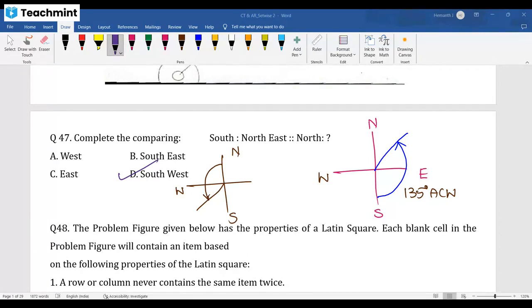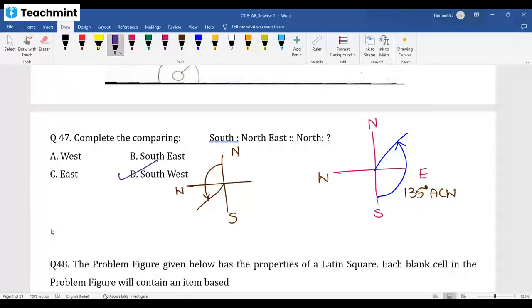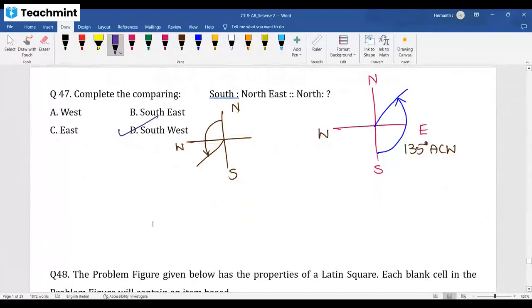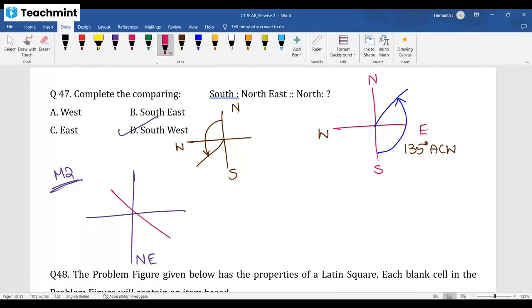The other approach to solve this question is: south becomes northeast, right? So in place of south, you need to replace northeast. This is another method to solve. In place of south, put northeast. Northeast means between north and east. First north will come clockwise, then east, then east's opposite is west, north's opposite is south. That knowledge you need.